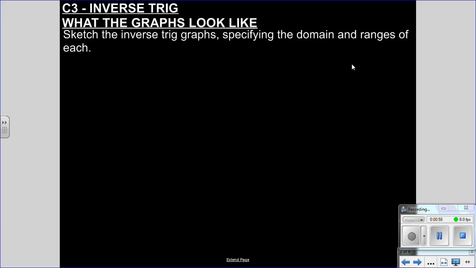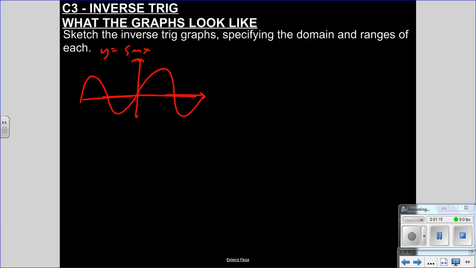What do the inverse trig graphs look like then? So let's think about it. Here we've got our sine x. And we know that this goes between here and here like this, don't we? But what do we say about inverses? Inverse functions only exist if 1 to 1.